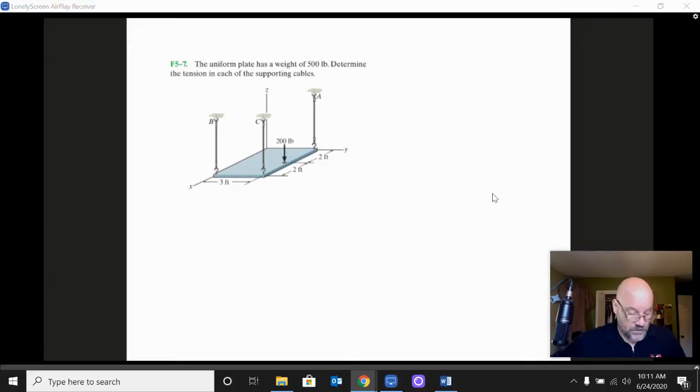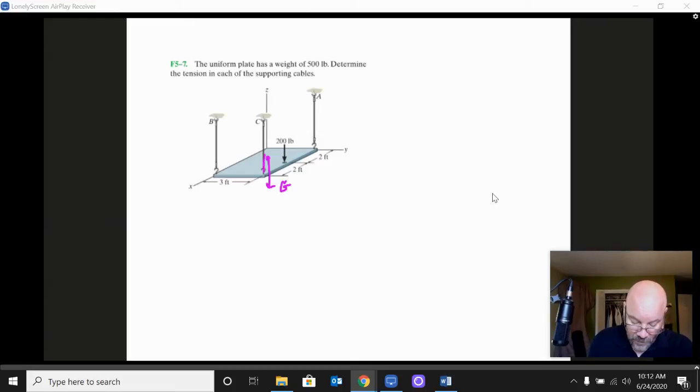Okay, so we'll begin in the usual way, which is to say, we want to make sure we understand what are all the other forces that are acting on this thing. So let's go ahead and put, kind of right in the middle, there's my weight G, which is 500.